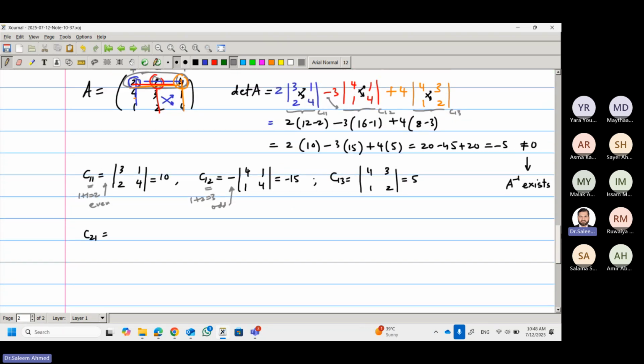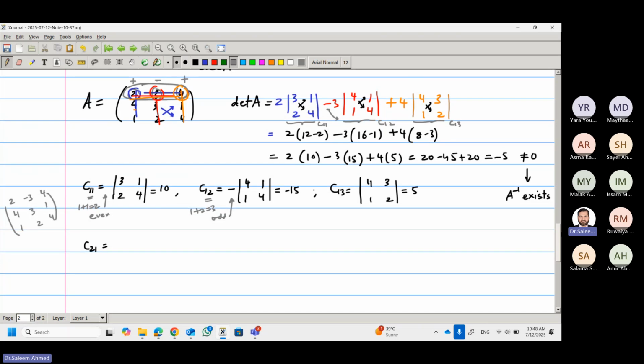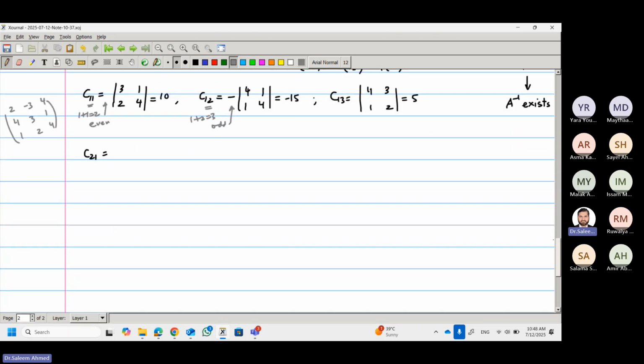But now C21. So let me write the matrix: 2 minus 3, 4, 4, 3, 1, 1, 2, 4. This was my matrix. Because I have done a lot of work on the matrix, you can use pencil and keep removing the lines. Once you've done one of them, keep removing the lines.